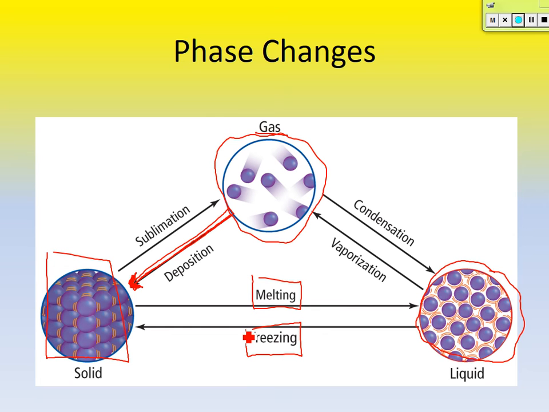Okay, now let's come back over here to this puddle, to the liquid, and let's go up to the gas phase. What do we call that? Vaporization. Yeah, so in that arrow that goes from the puddle to the gas, the cloud, you're writing vaporization. Now let's go from a gas to the puddle, to the liquid phase.